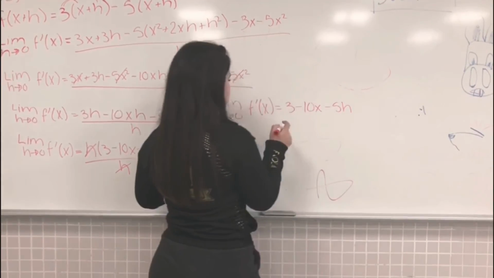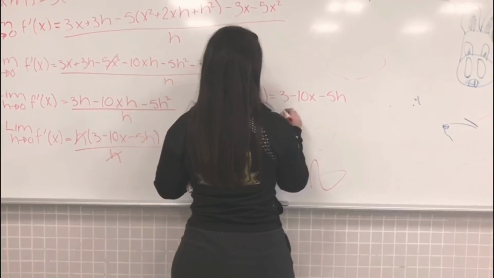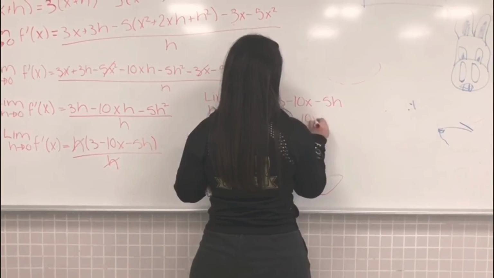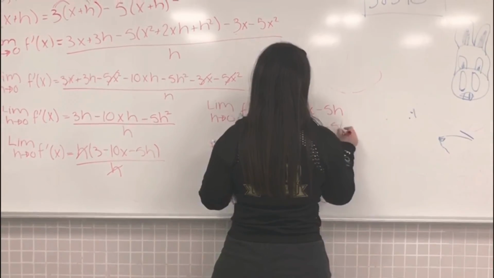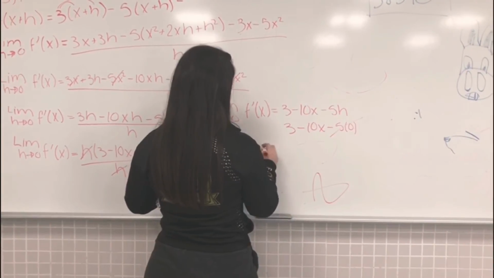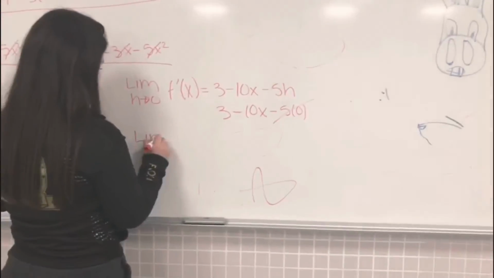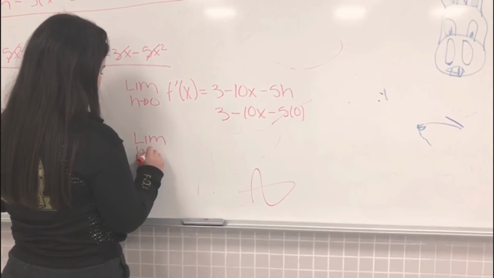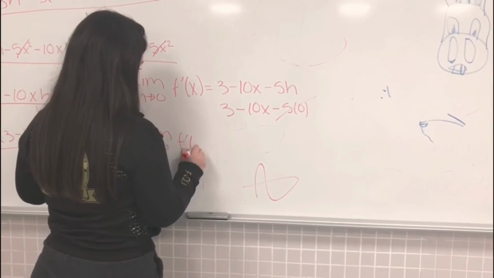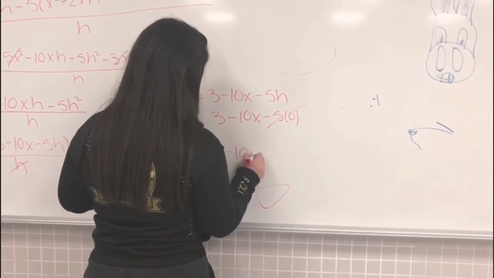And we substitute the h with a 0, and it will be 3 minus 10x minus 5 times 0, that this will cancel out because it's 0. So our final answer would be the limit as h tends to 0 of f prime of x is 3 minus 10x.